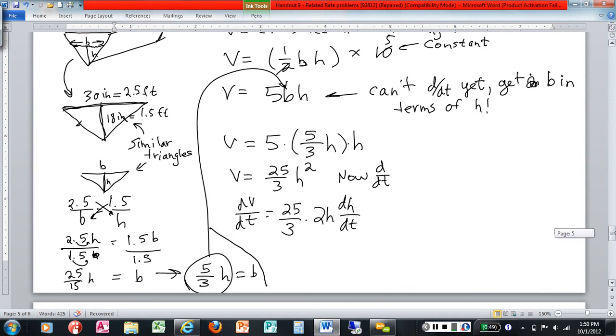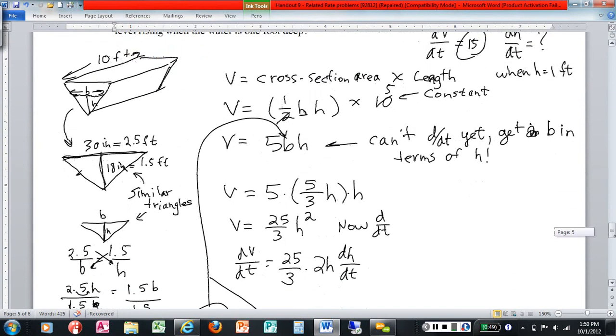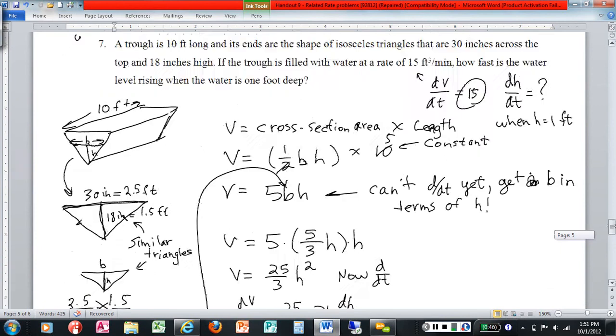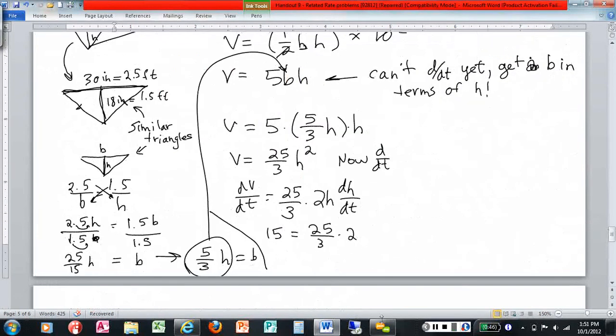The change in the volume is 15 cubic meters per minute. So I'll put a 15 in for dV/dt, equals 25/3 times 2. Now the height I want, now I substitute the height, which was 1. So H is 1. dH/dt is what I'm looking for.